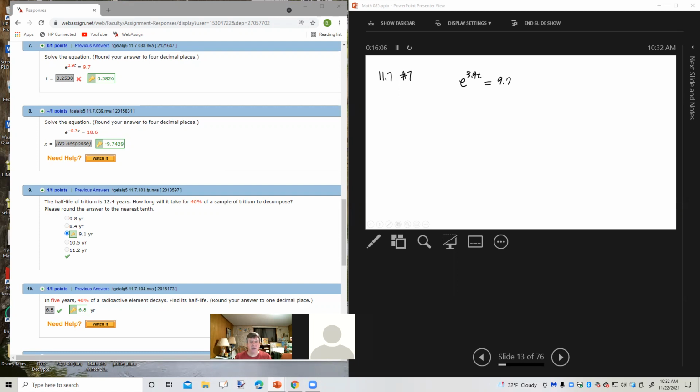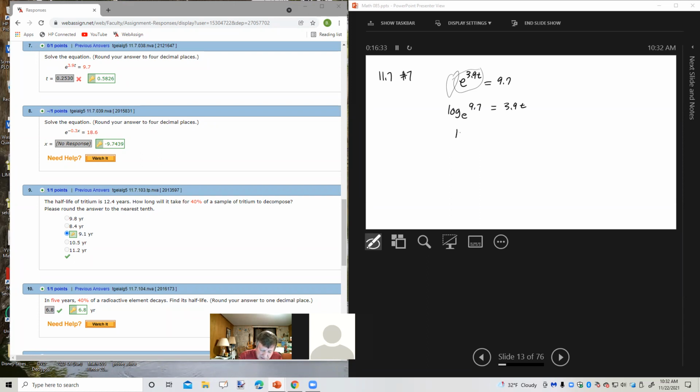This is an exponential equation, and there is no coefficient in front of the exponential part. In other words, there's no number out here we have to get rid of before we can switch things around. So we can go ahead and change this into a logarithmic equation. And it would be log base e of 9.7 equals 3.9 t.